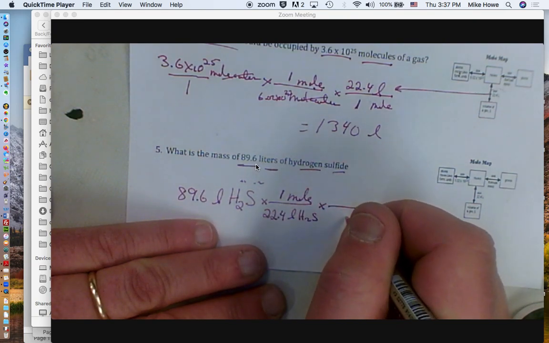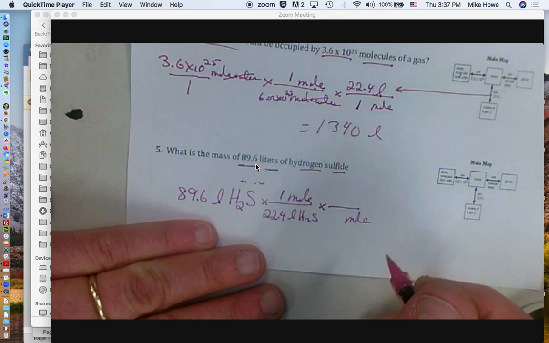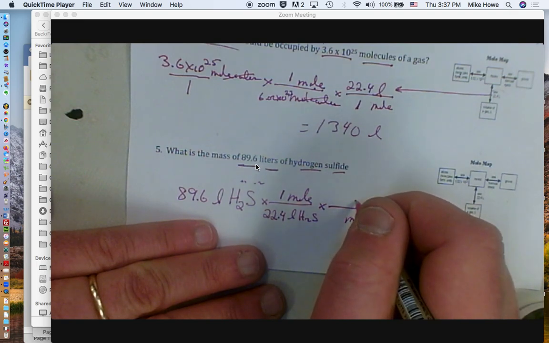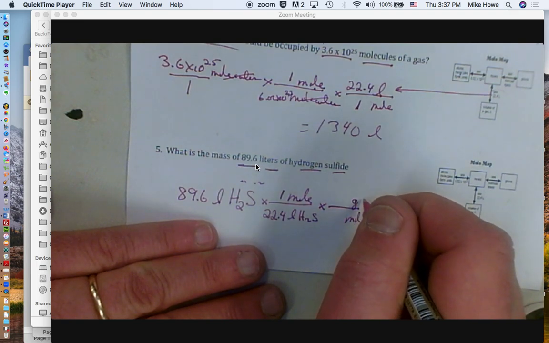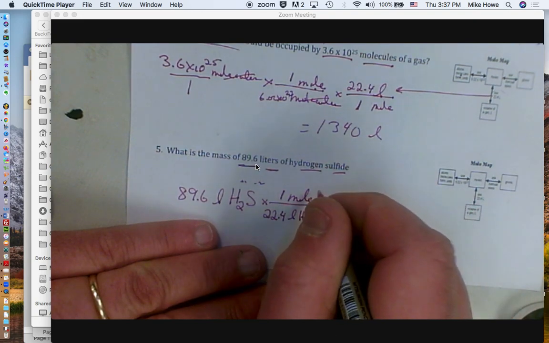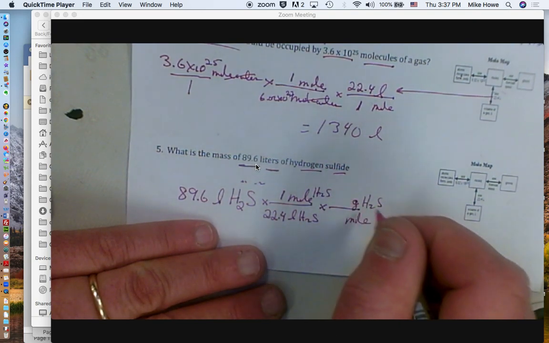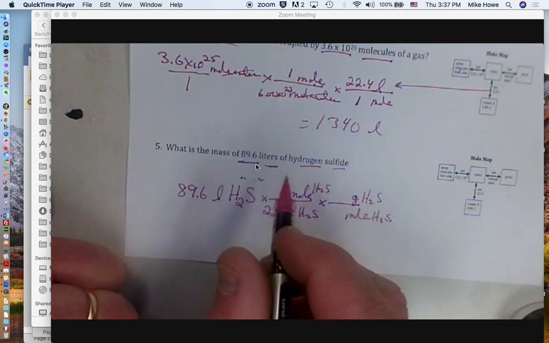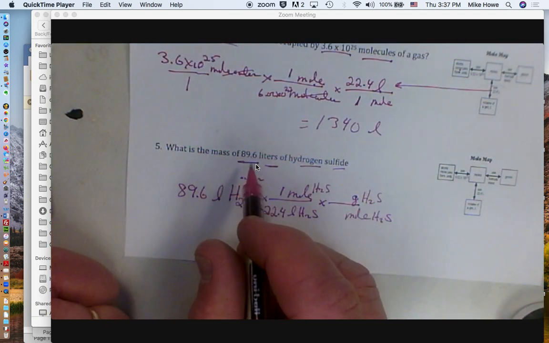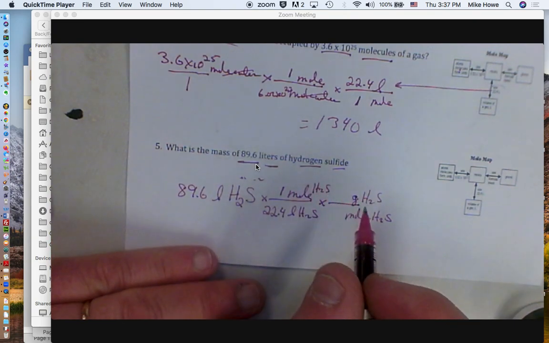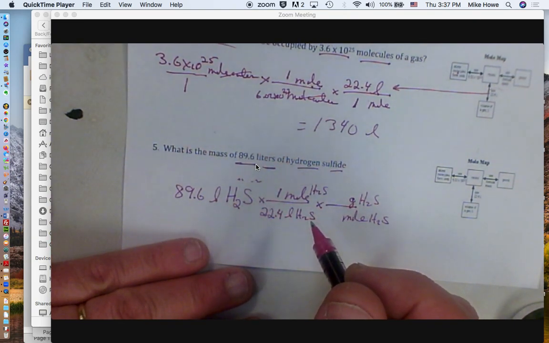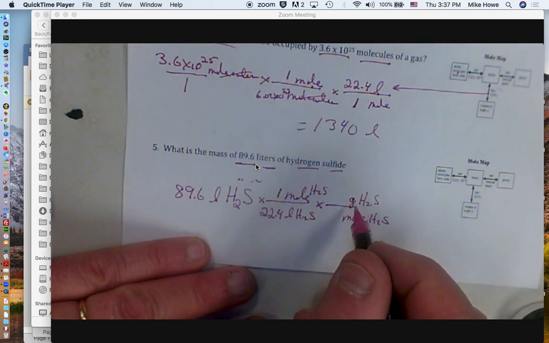Whatever's here always goes down here. And on the top, you put what you're looking for, which in this case is grams, because it asks for mass. So grams of H2S. These are all H2S's. All right, if it said liters, it might have started with grams and asked for liters, but the basic premise is still the same. You're going to change the moles and go to your other unit.